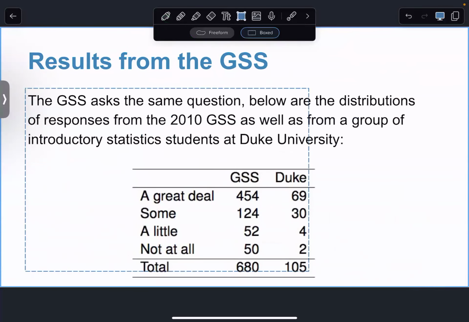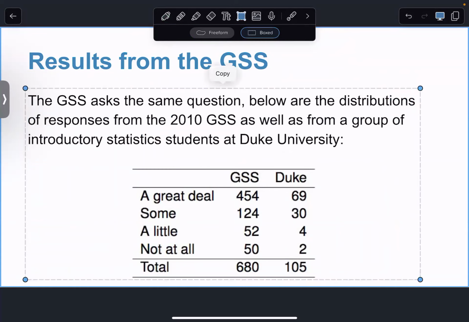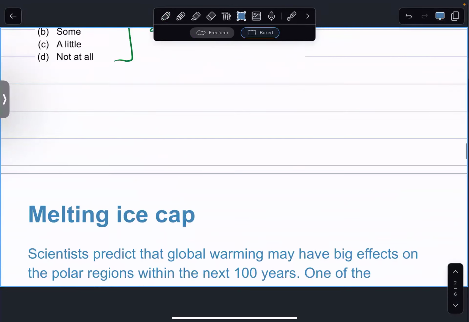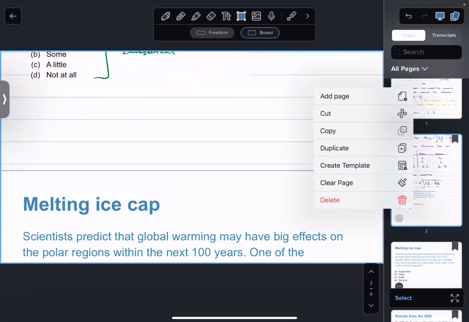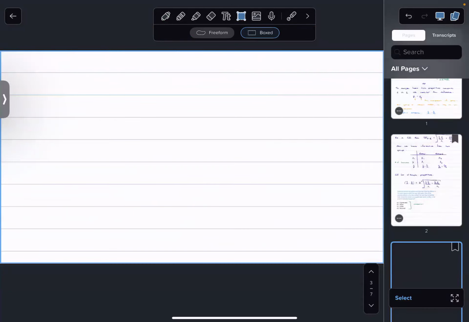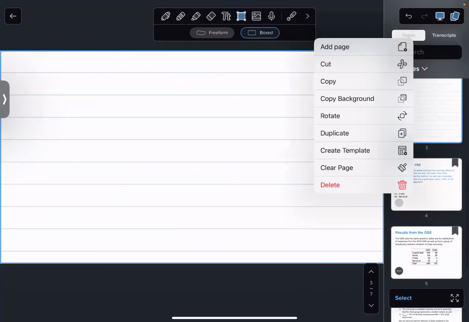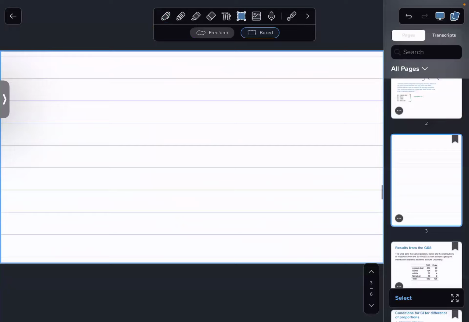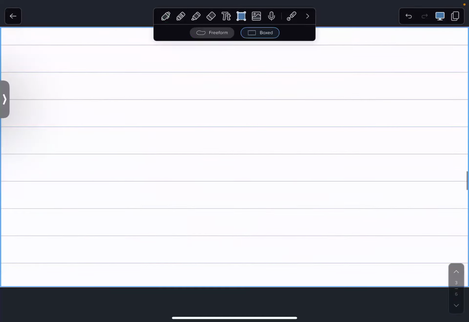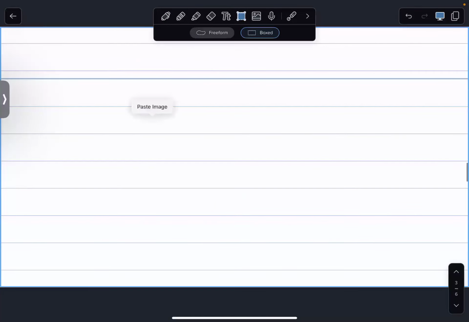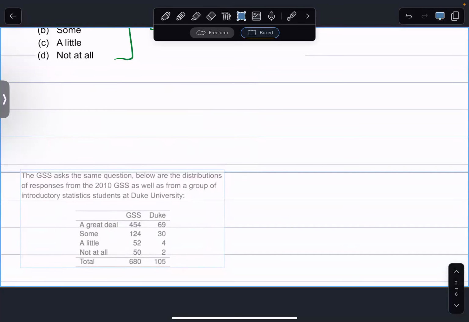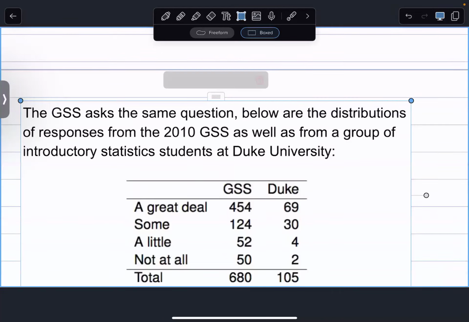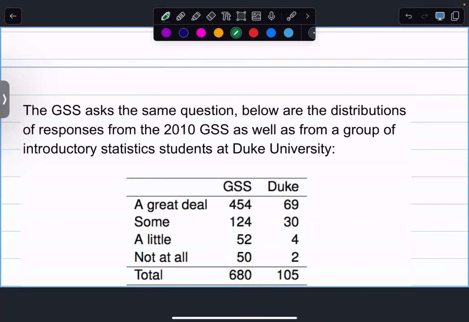The results were like this. This talks about the GSS.